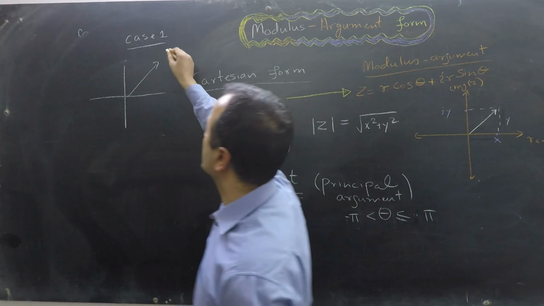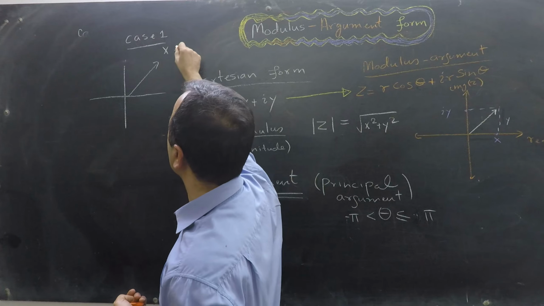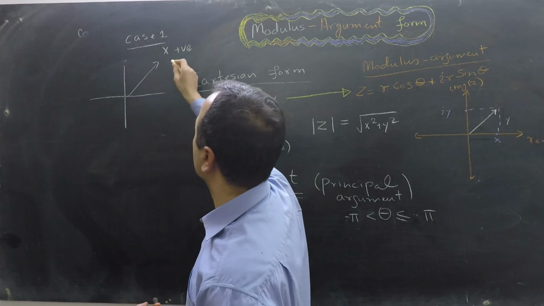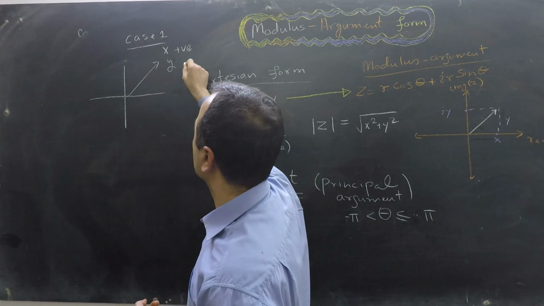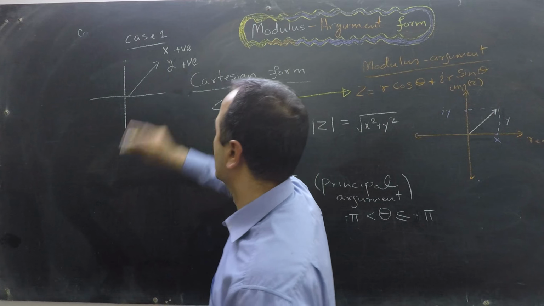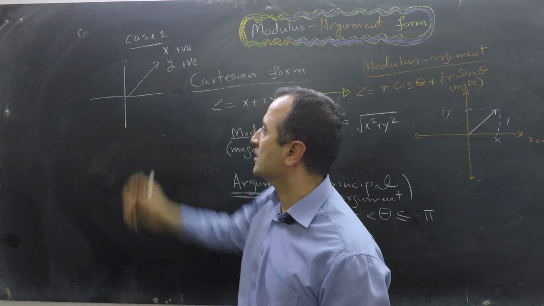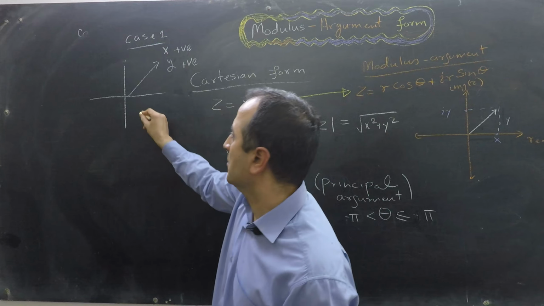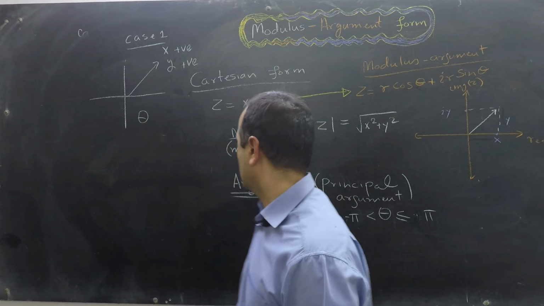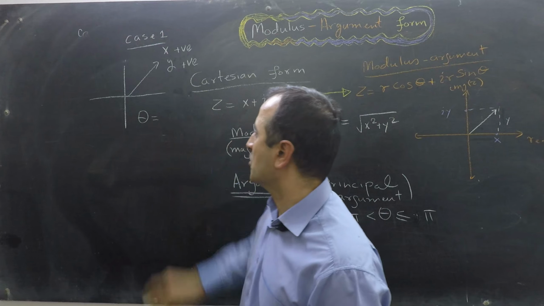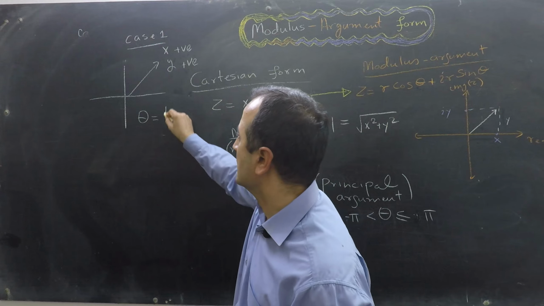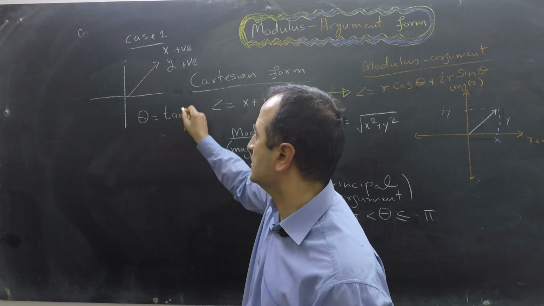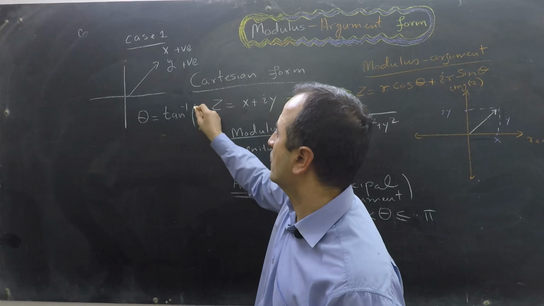So my x is a positive real number and my y is also a positive real number, and my position vector is in the first quadrant. So in this case, my theta, the principal argument, will be simply tan inverse y over x.